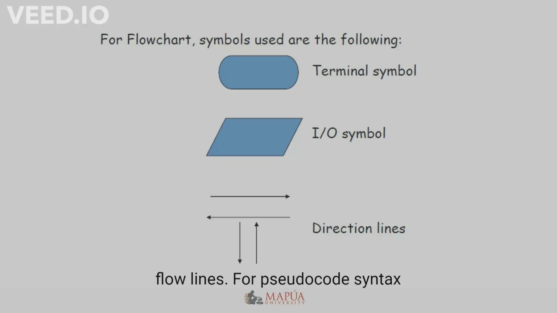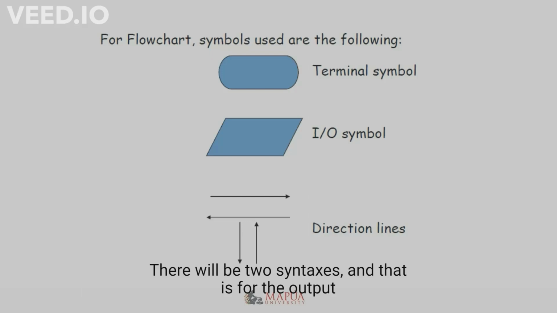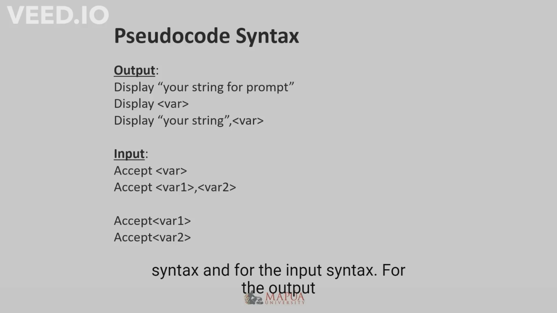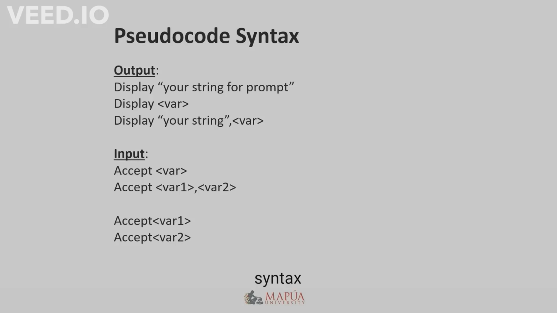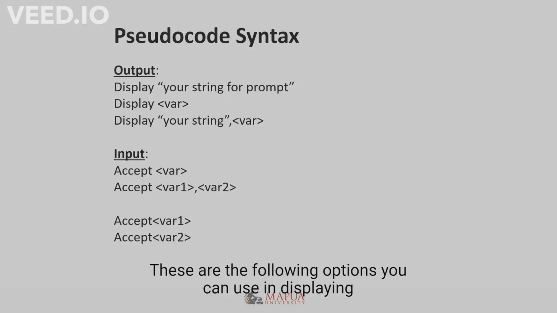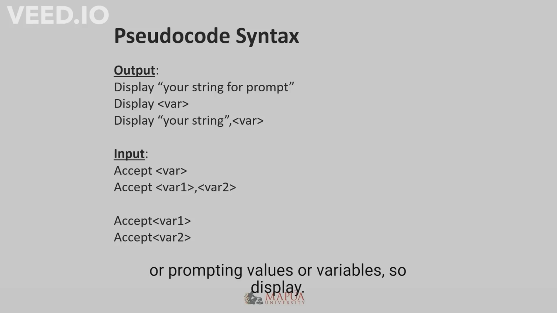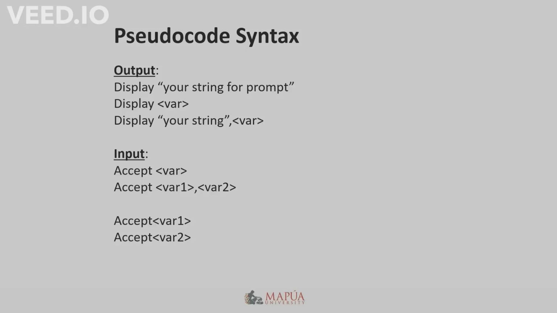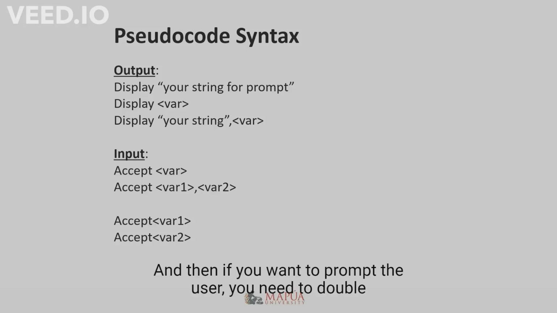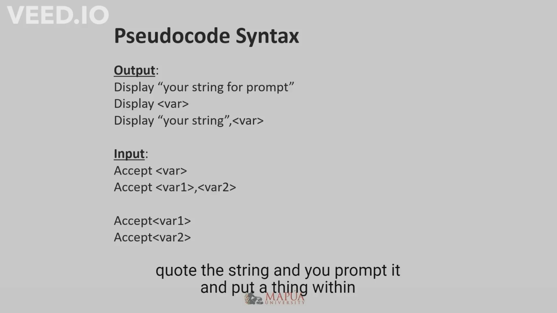For pseudocode syntax, there will be two syntaxes: the output syntax and the input syntax. For the output syntax, these are the options you can use in displaying or prompting values or variables. So display, and then if you want to prompt the user, you need to double quote the string.